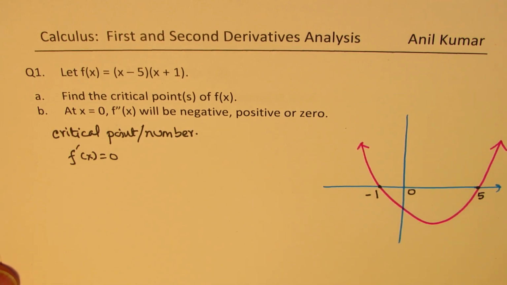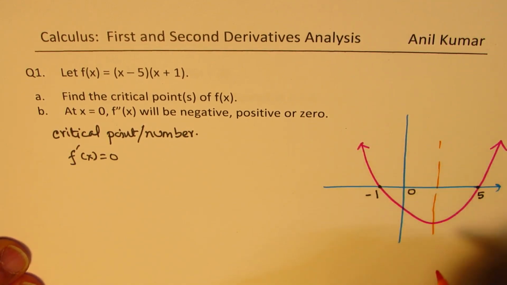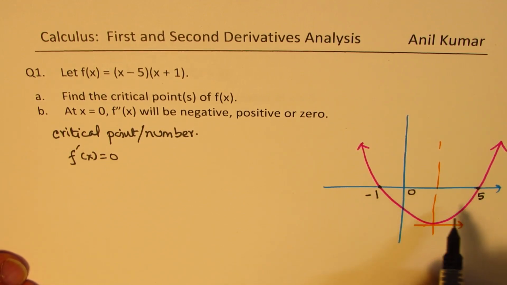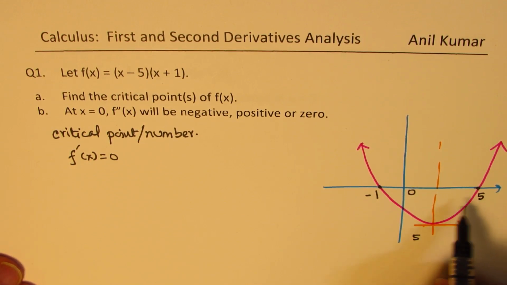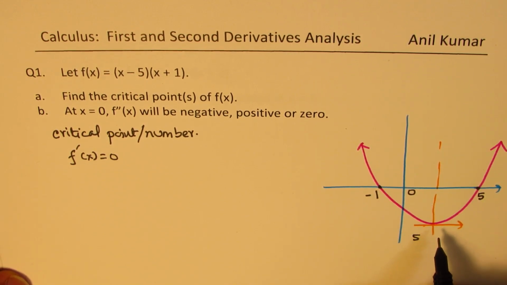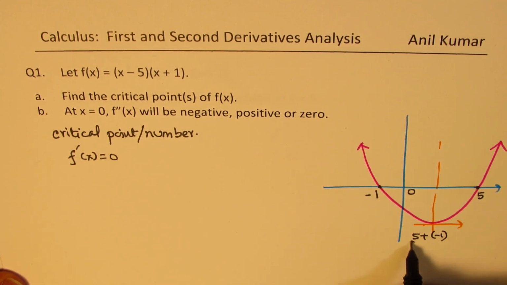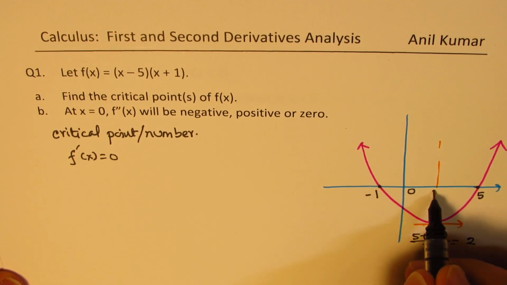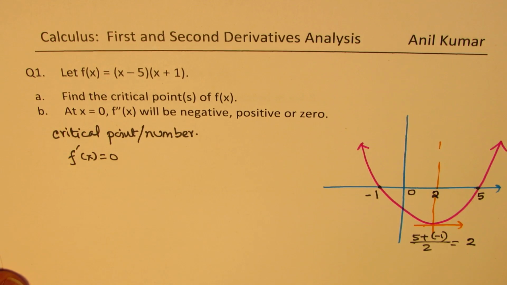So basically, in this particular case, it would be right in the center, the average value, where the graph turns, which will be, for this example, you can add these two, and then divide by 2. So when you add 5 and minus 1 divided by 2, you get the value as 2. So at x equals 2, you have a critical point, the turning point, right?